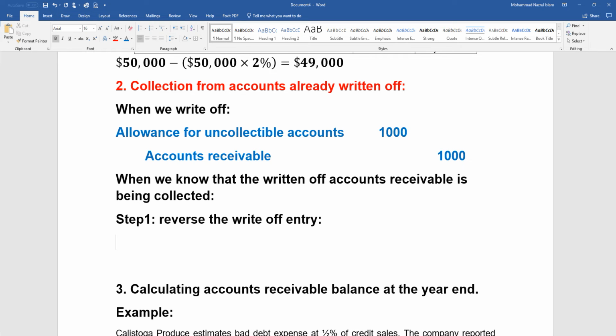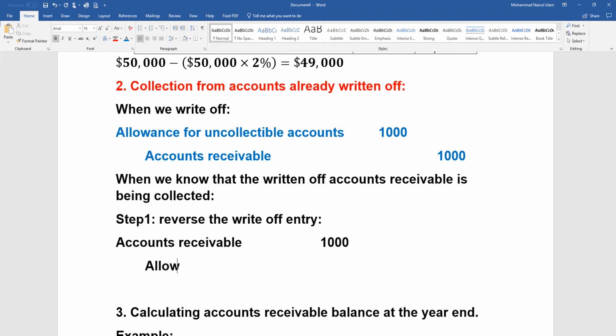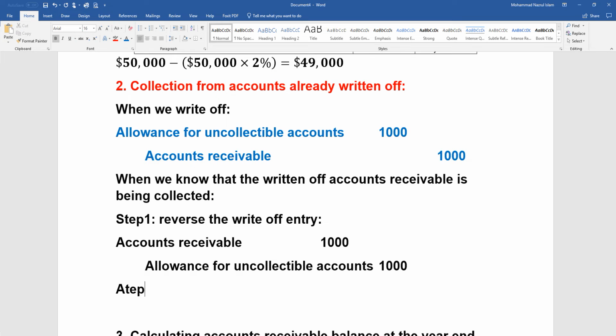So we will reverse the write-off entry: accounts receivable debit and allowance for uncollectible accounts credit.